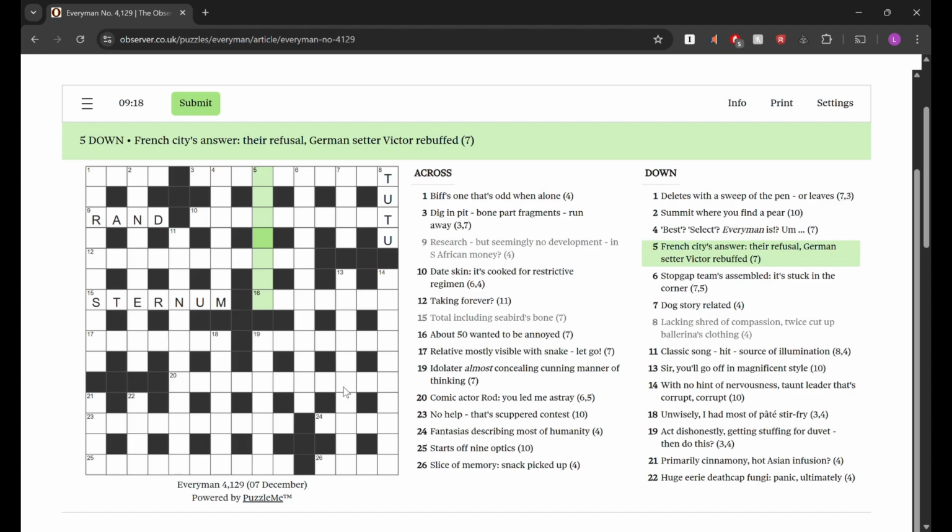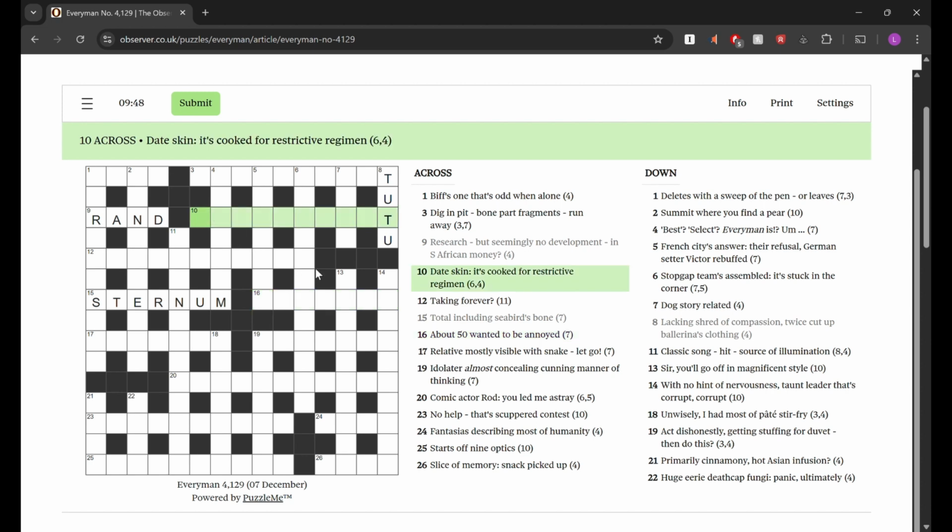A German setter, like a dog, or is it like a setter in a crossword setter? Victor rebuffed. I'm taking the V out. Not sure about that one either. Not a great start, is it?